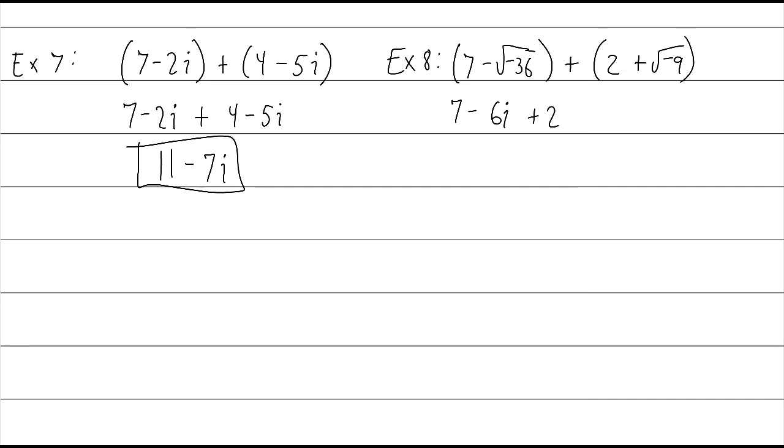Square root of negative 9 is a positive 3i. Be careful with the signs. Avoid the temptation to write that as a plus because you see those two. Don't do it. That minus sign stays there. This negative turns into an i. They go two different places. Same thing's true here. This turned into the i, that stayed a plus. Like terms, 7 plus 2 is 9. Negative 6i plus 3i is negative 3i. So 9 minus 3i.